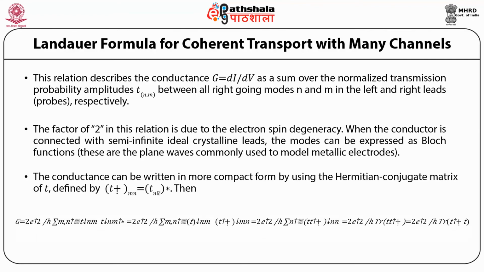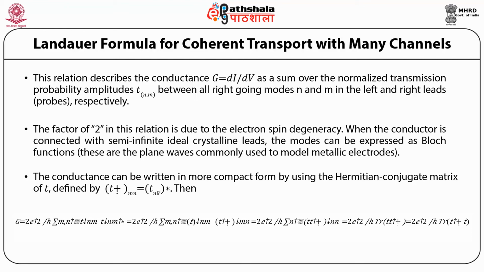The conductance can be written in a more compact form by using the Hermitian conjugate matrix of T, which is defined by T dagger mn equal to Tnm star.